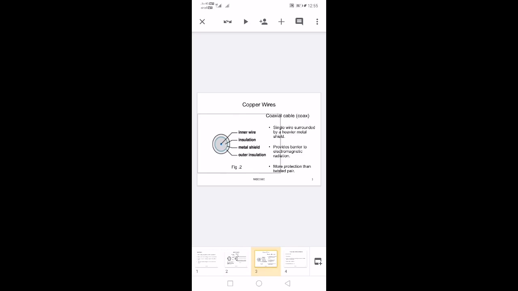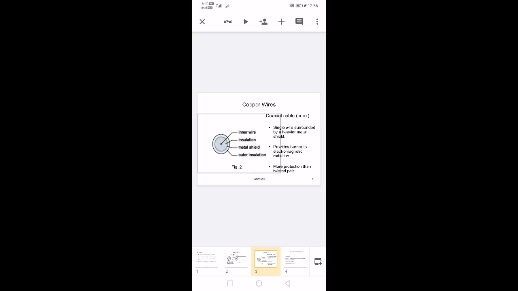So it looks like inner wire, insulation, metal shield and outer insulation. It is more protected than twisted pair, and it will greatly reduce crosstalk, and the electromagnetic radiation from the conductor to the outer surface will also be greatly reduced by this type of construction.